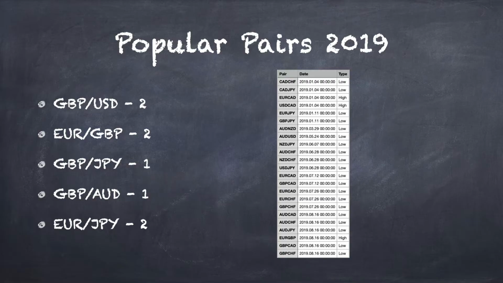So for example, CAD Swiss, CAD JPY, EURCAD, USD CAD. Interesting how they all had CAD in them, right? But they all had pretty much the same date of January the 4th.